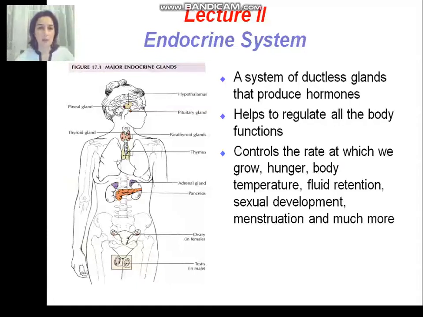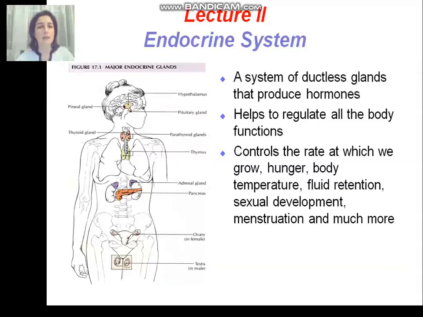The function of the endocrine system is more diffuse and more prolonged because the endocrine system includes ductless glands that produce hormones, the biologically active substances that are released into the blood circulation or into the lymph or other tissue fluids.